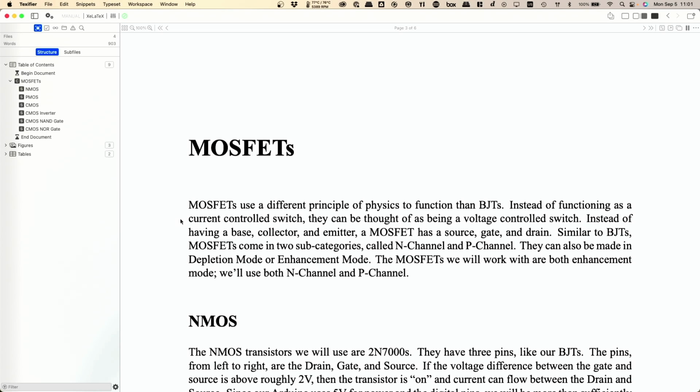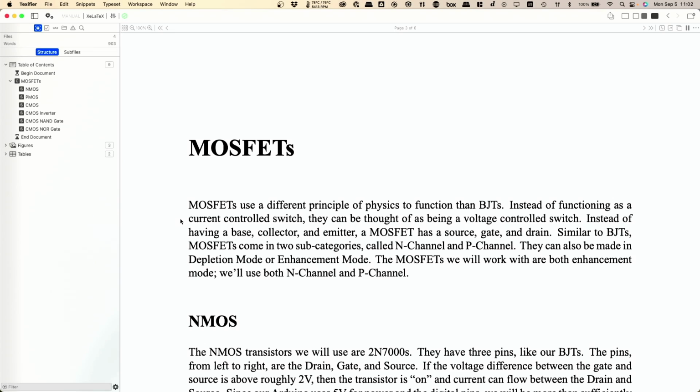There are two types of these, N channel and P channel, or NMOS and PMOS for short, and they work similar to how the BJTs worked: with the NMOS you apply voltage to turn it on, and with the PMOS you apply voltage to turn it off. So it's just a matter of whether it's default off or on.